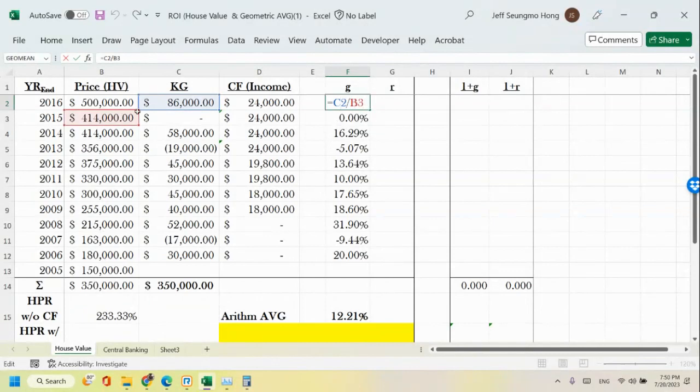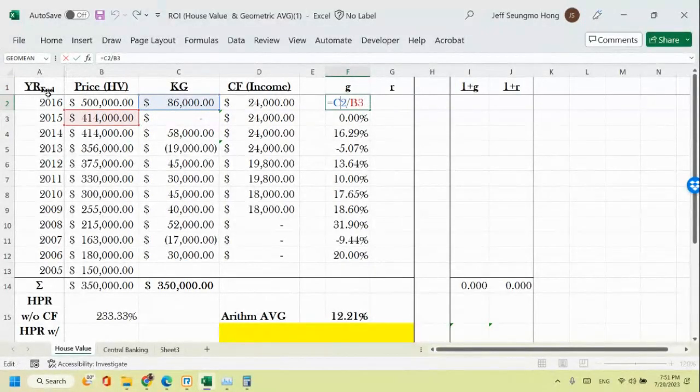Well, it's simply the annual year-by-year growth rate, right? Between 2015 and 2016, capital gains, or growth in the capital value, because the house is your capital, was 86K. Over what? Over this, which was the previous year's house value, or your capital value.